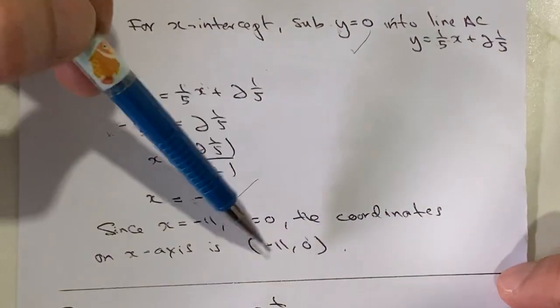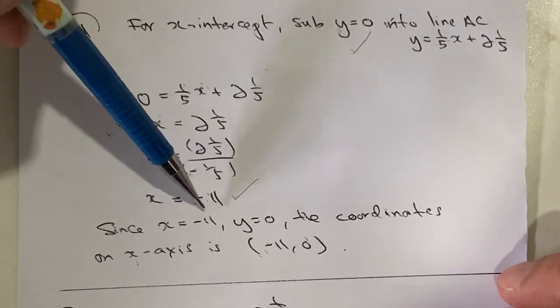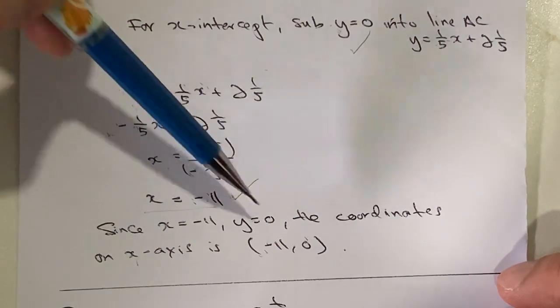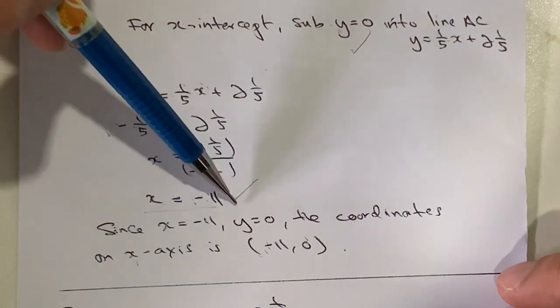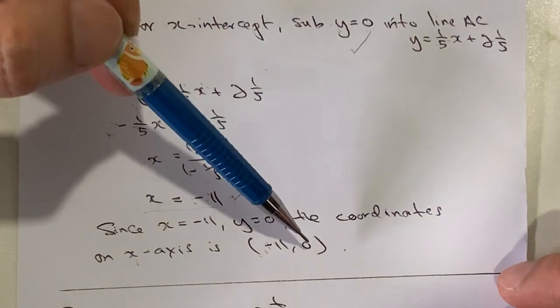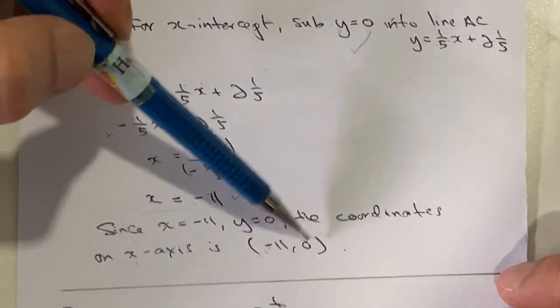So this will be the coordinates of the point on the x-axis. This x equals negative 11 is the x-intercept. Then we convert this to the coordinates. That means the x part here is negative 11, y coordinate will be 0. So the answer is negative 11, 0.